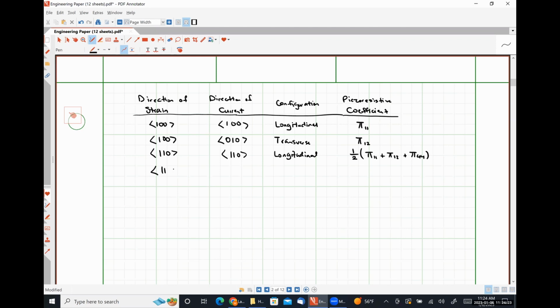And for a transverse configuration for 110 strain, we're going to have something similar, except that the pi44 term is going to have a negative sign associated with it.